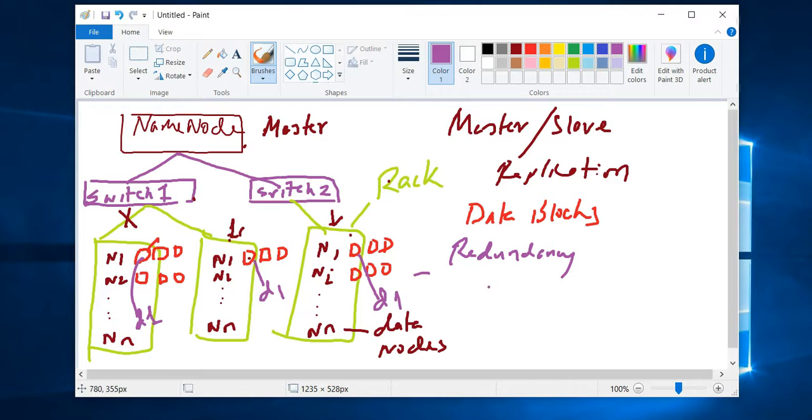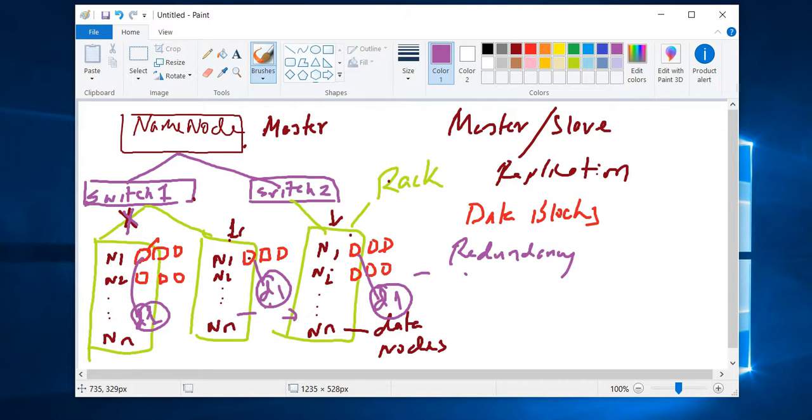So the redundancy means, like, in the actual case, we do not need D1 and this one, right? Because we already have saved this one over here. But again, something is caused over here. This one is broken, so still we are going to retrieve the data from this rack or this rack.